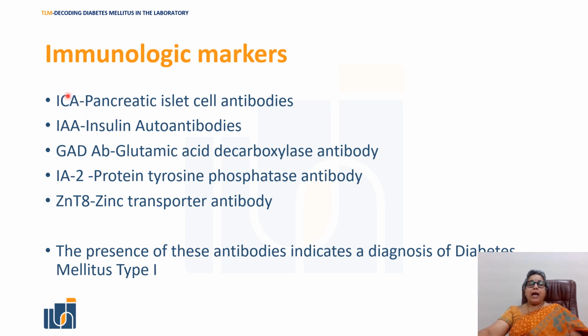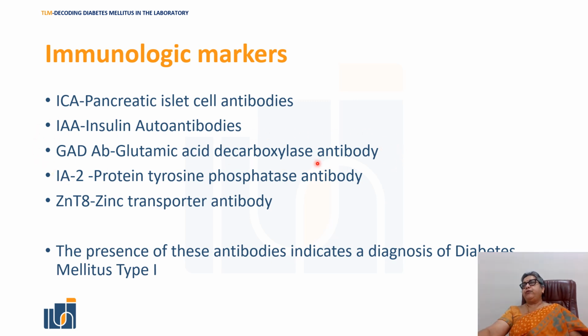One is the islet cell antibodies, pancreatic islet cell antibodies, insulin autoantibodies, IAA, GAD antibodies or glutamic acid decarboxylase antibody, IA2 or protein tyrosine phosphatase antibody, or ZNT8 or zinc transporter 8 antibody. Of these five, the most commonly done is GAD antibody.